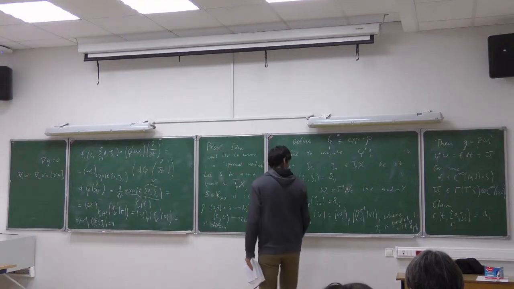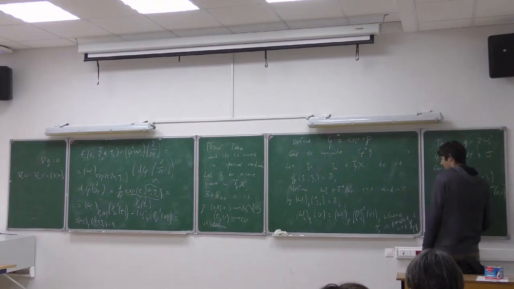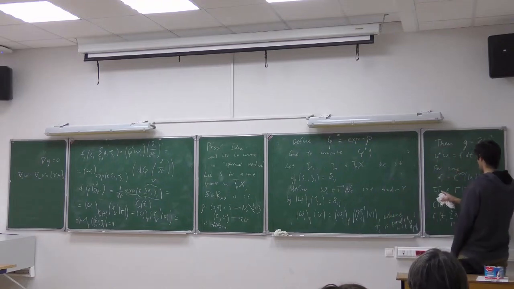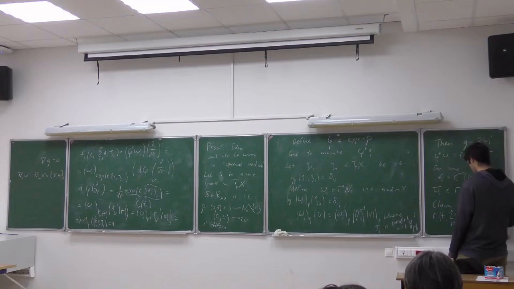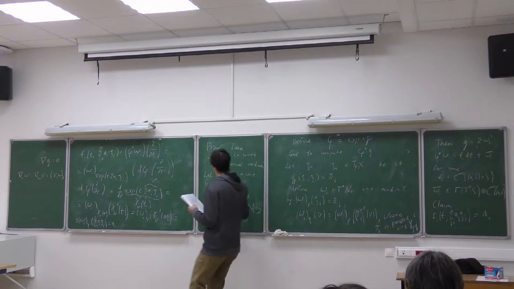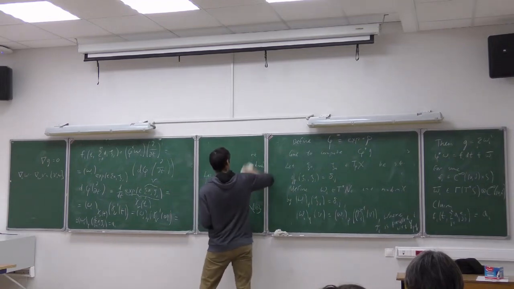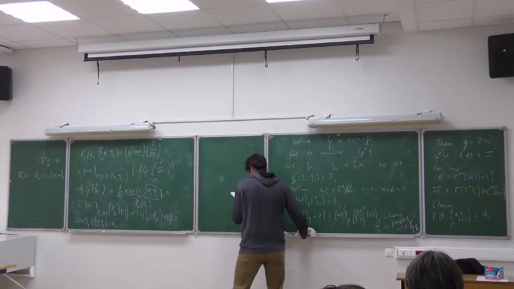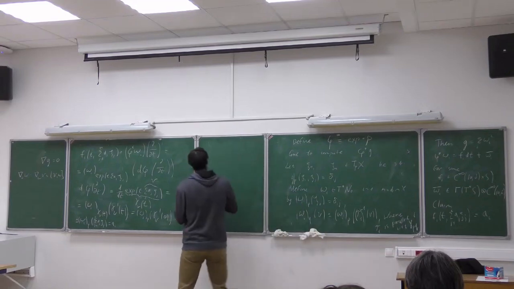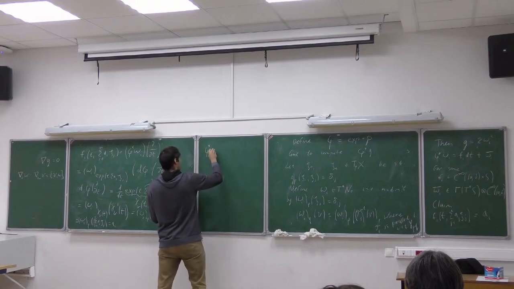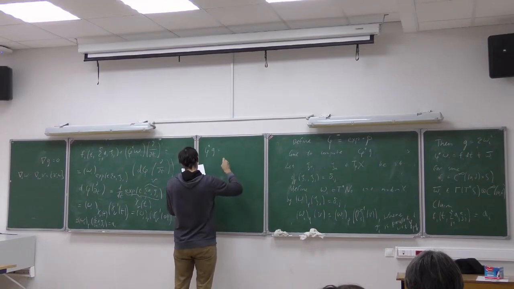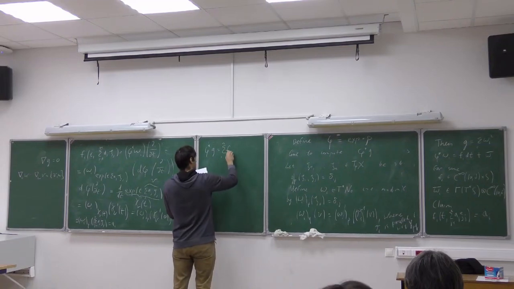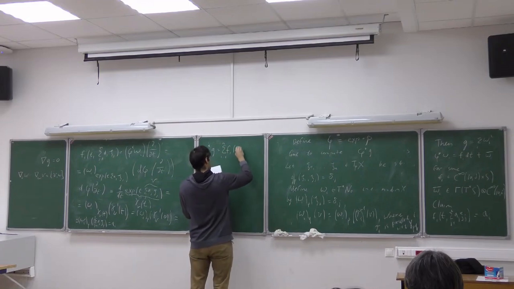Okay, so this is the claim, and so I have that omega i is this, and this is my f_i. So therefore, I have that phi star of g is the sum over i from 1 to n of f_i dt squared, right?